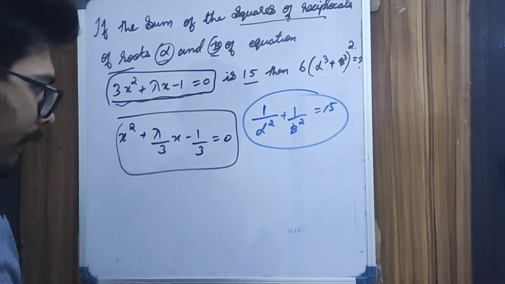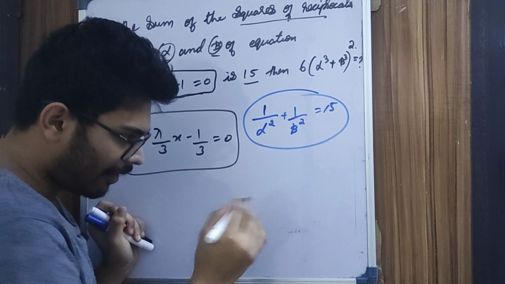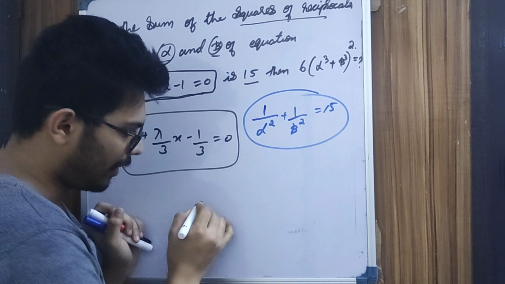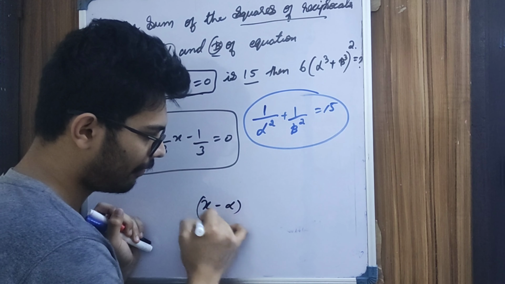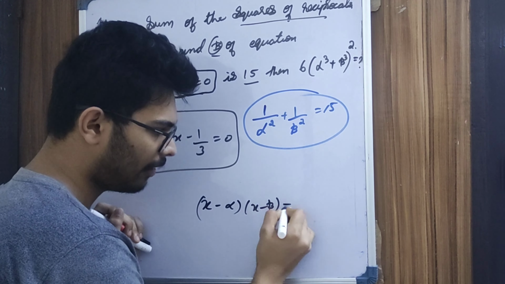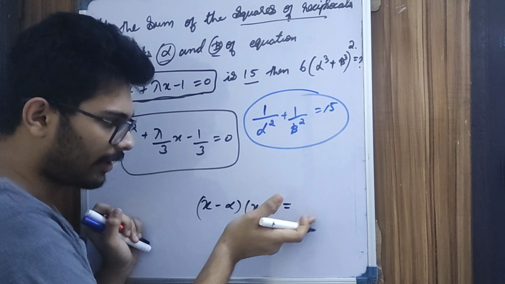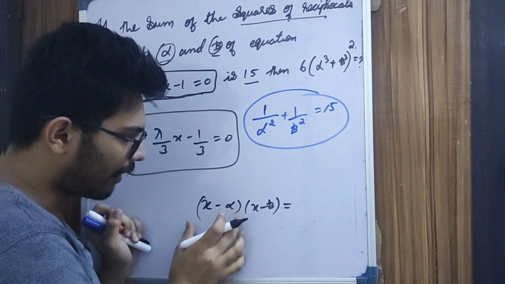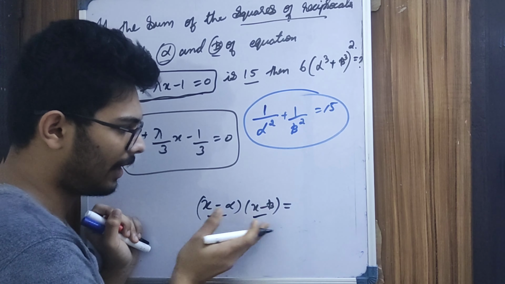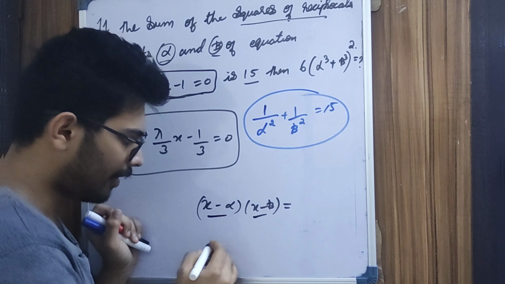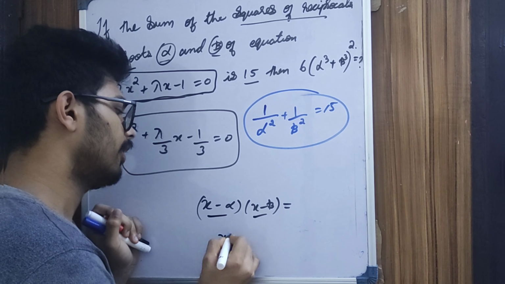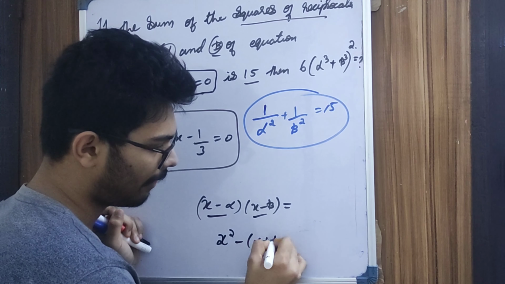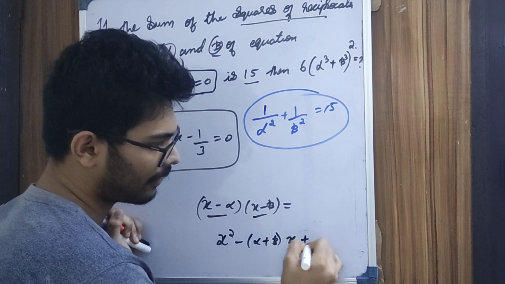What is that advantage? Suppose we have a quadratic equation with roots alpha and beta. We can write it as x minus alpha into x minus beta. The resulting quadratic equation will be x square minus (alpha plus beta) x plus alpha beta.